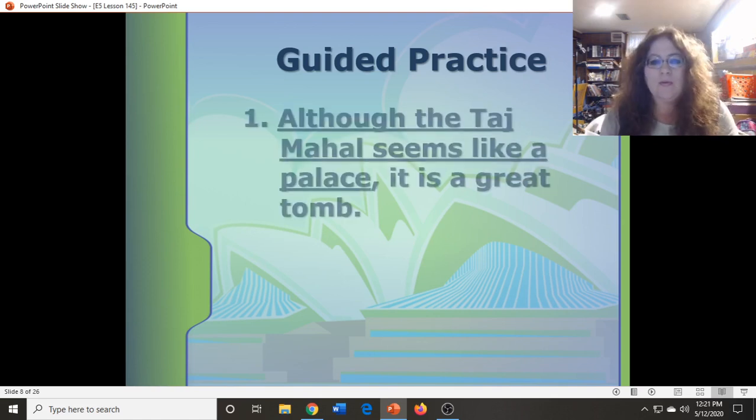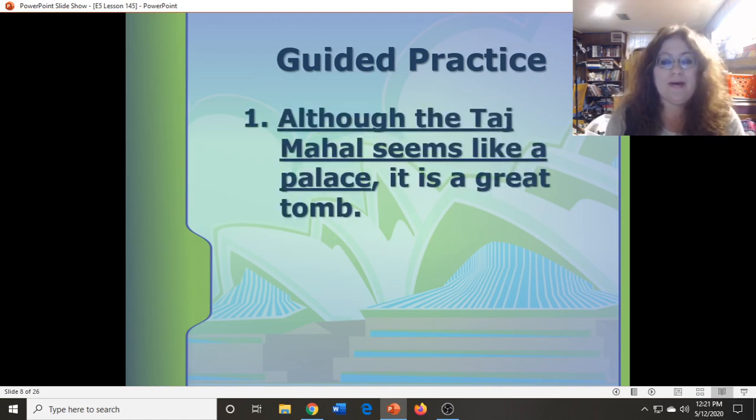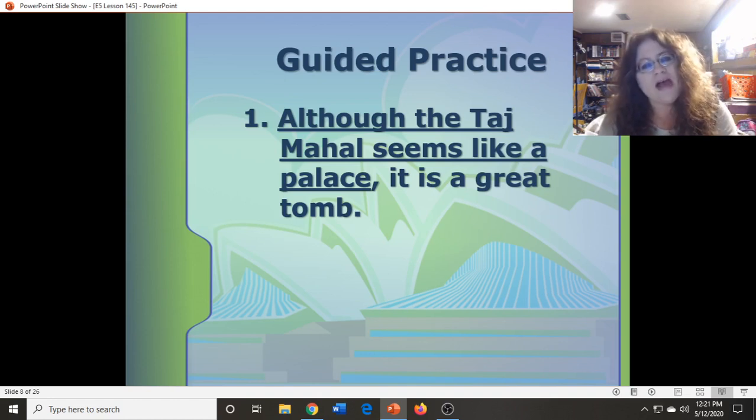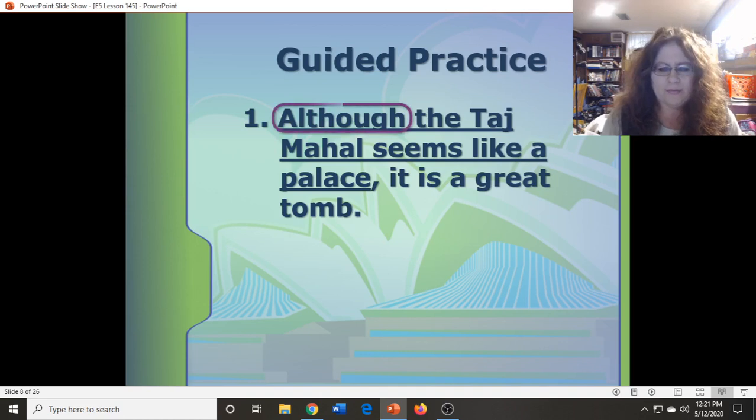All right, let's look at number 1, and you're following along with me and filling in your book. Although the Taj Mahal seems like a palace, it is a great tomb. So first of all, you're going to circle the subordinating conjunction. If you look at that list, you should be able to find it. It is although.